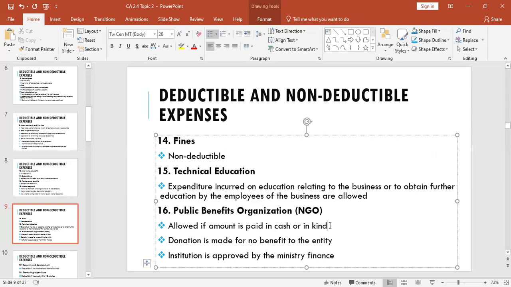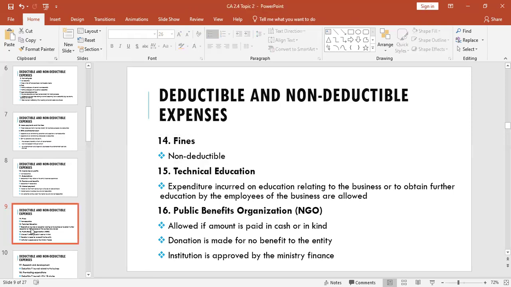So the donations are supposed to be to an NGO which is registered and recognized by the Ministry of Finance. And when we donate, we don't have to expect anything in return, not even for marketing purposes. So if we donate to an NGO with expectations of marketing, then that is not deductible for tax purposes, unless there's no consideration that accrues to the company for our donation.